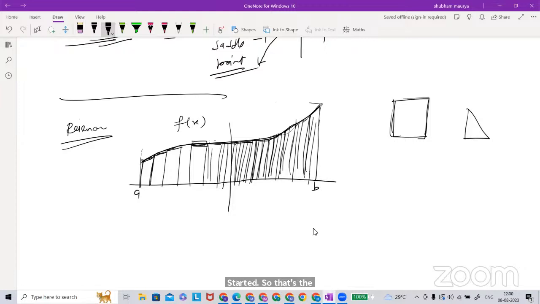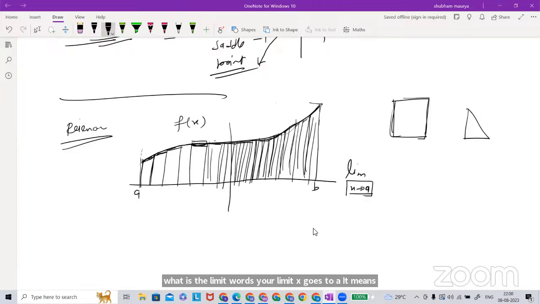Now you know, what is the limit here? Limit x goes to a. It means that x is not exactly a, but very close to a. You can't even imagine how close it is.